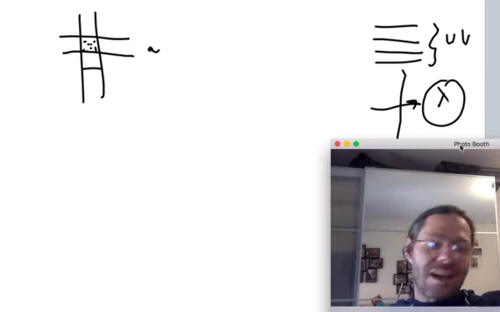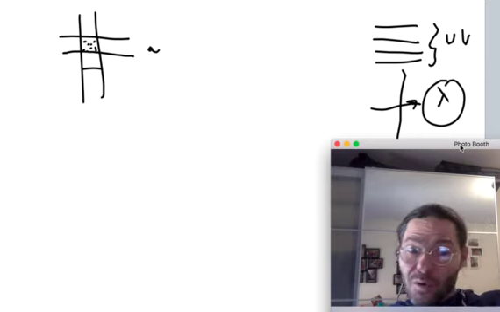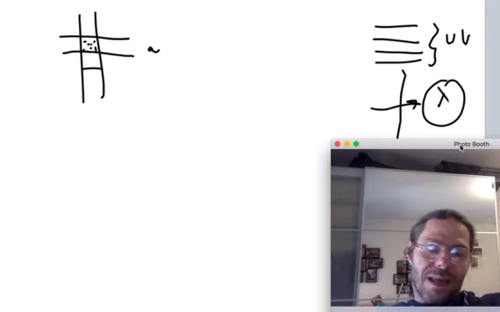And also the number of degrees of freedom will be smaller if you use a lattice than if you use particles.